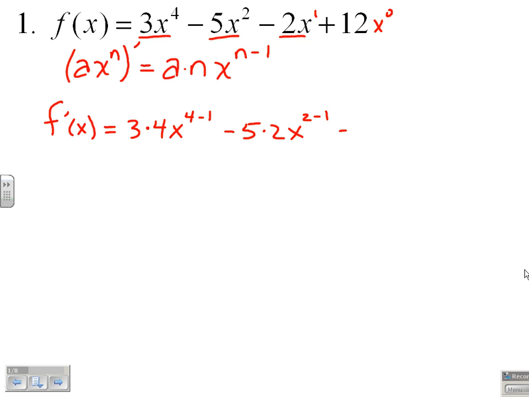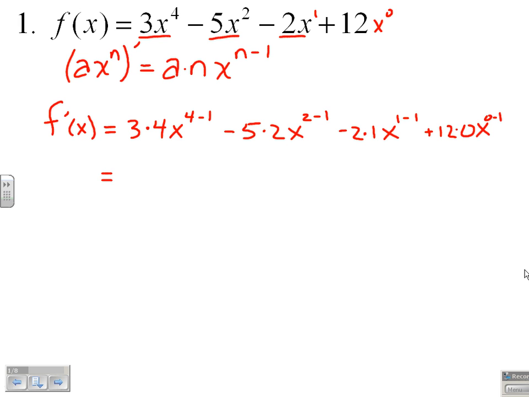Minus 2, bring the 1 down, leave the x, reduce 1 by 1. And again, probably more steps than you would need, particularly in this case right here on this part. Next, I'm going to go plus 12, bring the 0 down, x, reduce 0 by 1.